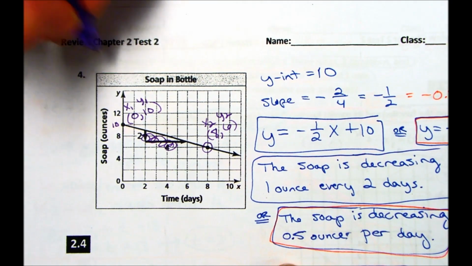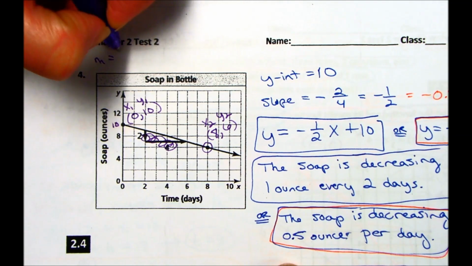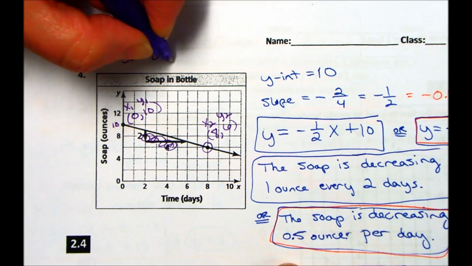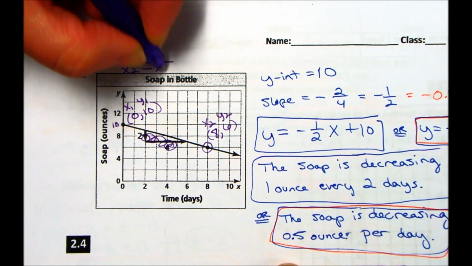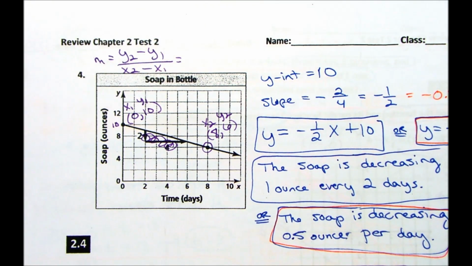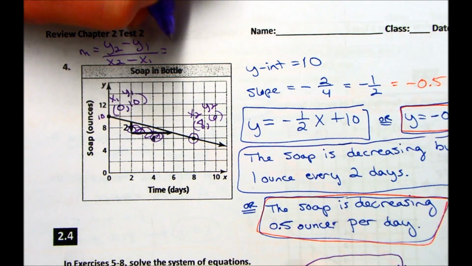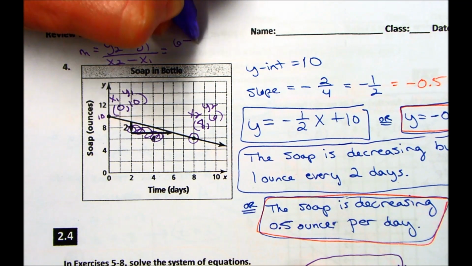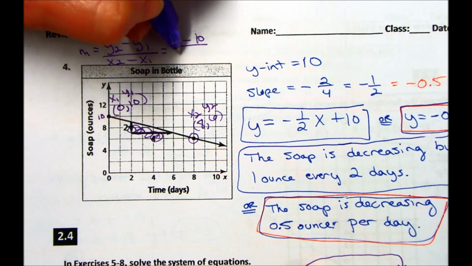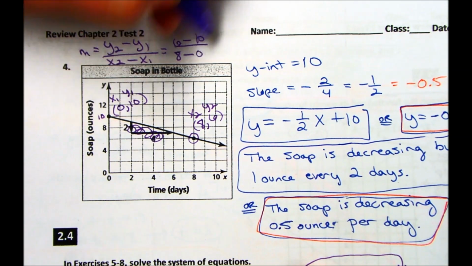So I'm going to use that for my x2, y2 in finding my slope, and I will find my slope up here. So m equals, again, y2 minus y1 over x2 minus x1. You do need to know your formulas for the test. So your y2 is 6 minus your y1, which is 10, divided by x2, which is 8, minus x1, which is 0.